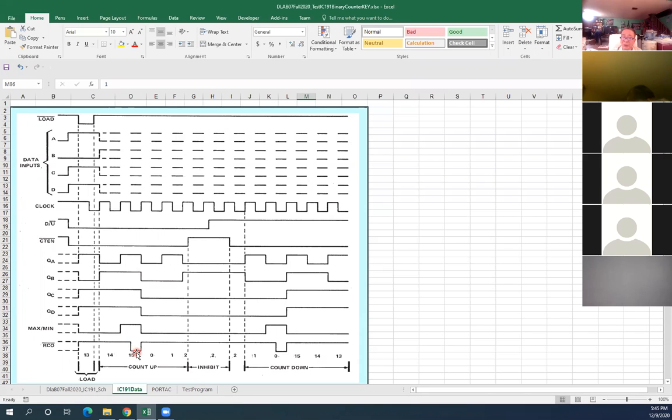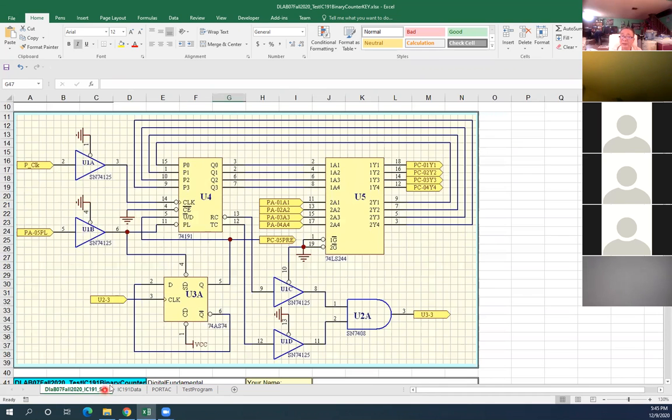Okay, so RCO is for counting down, max minimum for counting up. However, on the schematic here, RCO pin 13 is active low, that means it is high on top. Max/min pin 12 is active high, it will be low on top.